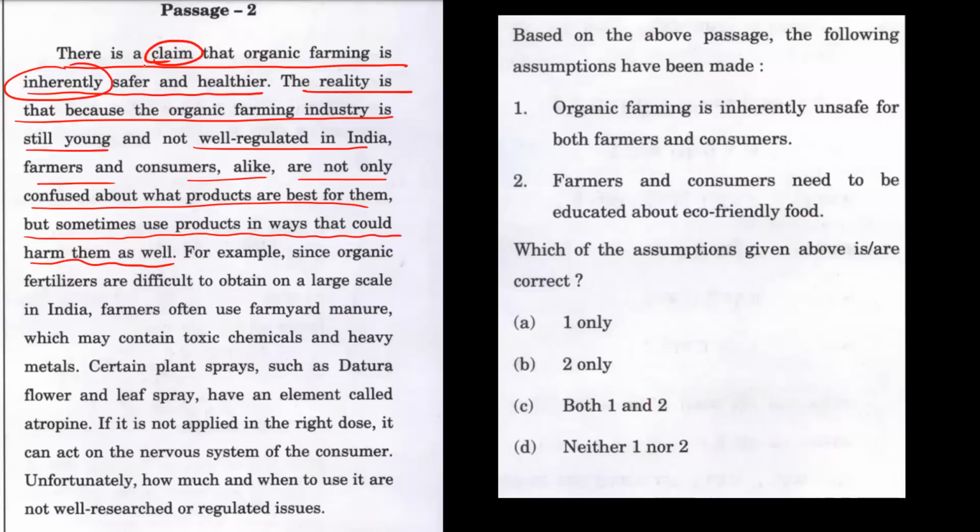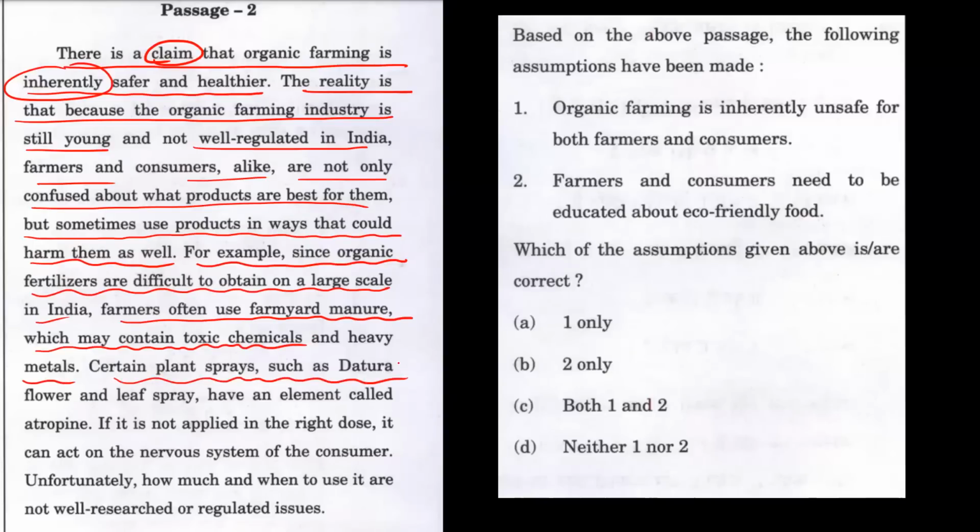So the passage is saying that the claim that organic farming is inherently safe and healthier is not completely true. For example, since organic fertilizers are difficult to obtain on a large scale, farmers use farmyard manure, which may carry toxins and heavy metals.